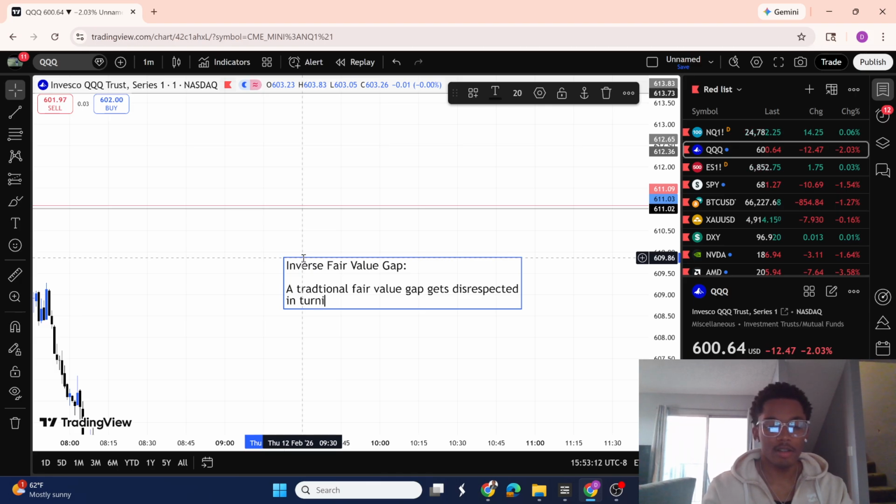In turn, it could potentially signal a reversal, depending on time frame.